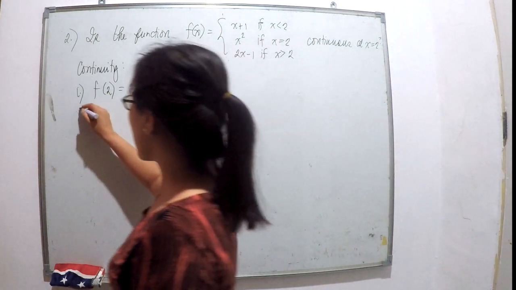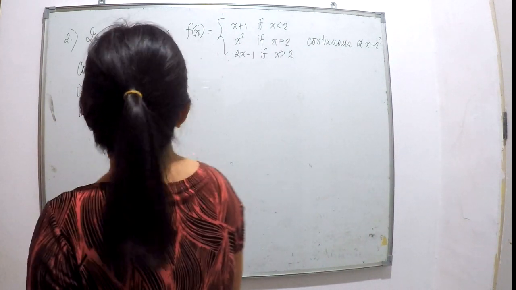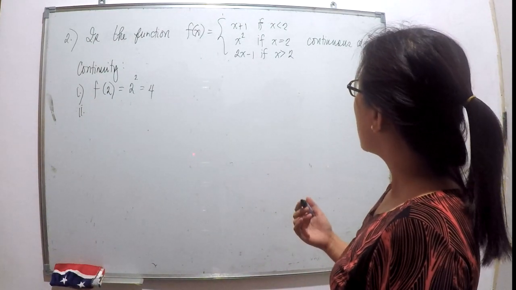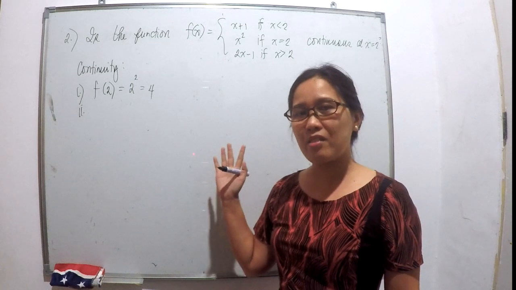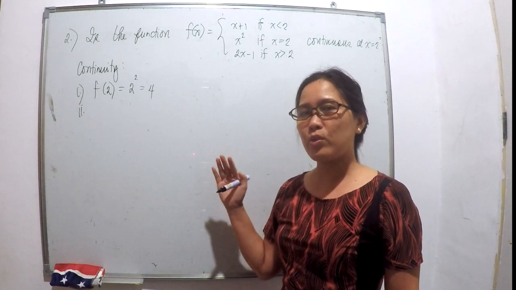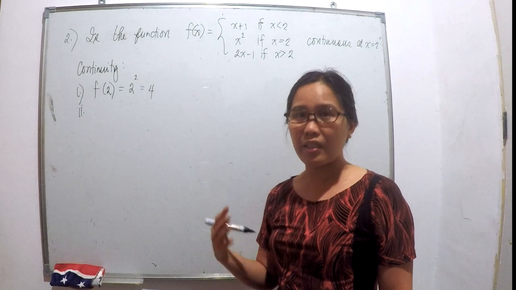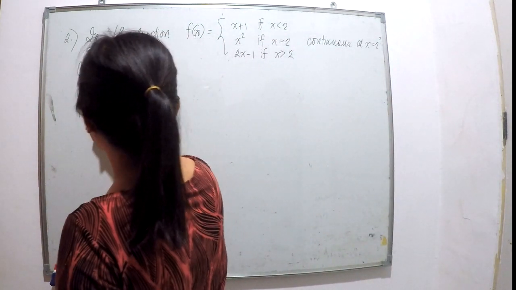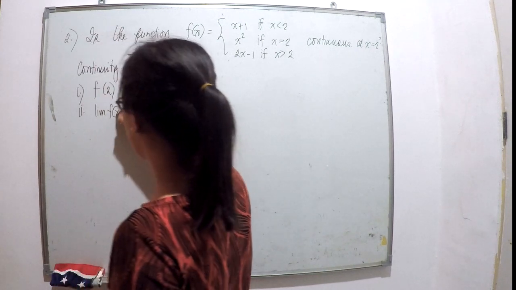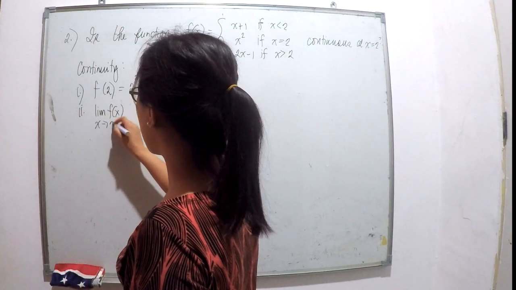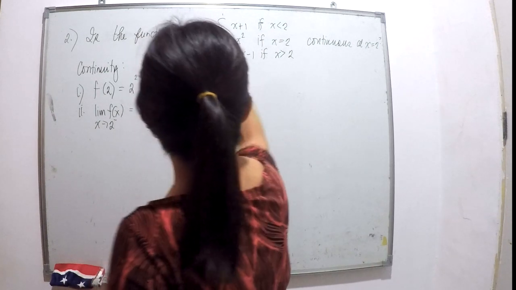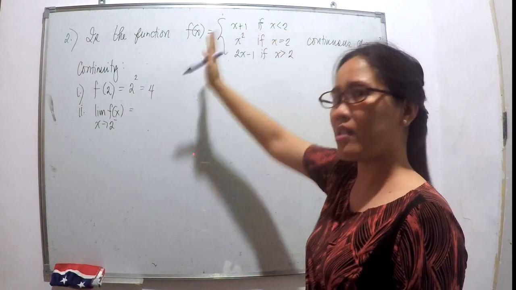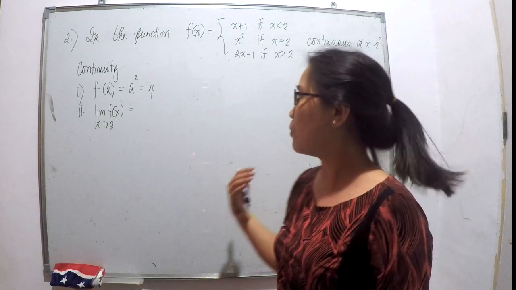The second condition: the limit of f of x as x approaches 2. Since this is a piecewise defined function, we have to consider the left-hand limit and the right-hand limit. We start from the left-hand limit, because x is less than 2, meaning we're considering all the values from the left to 2.